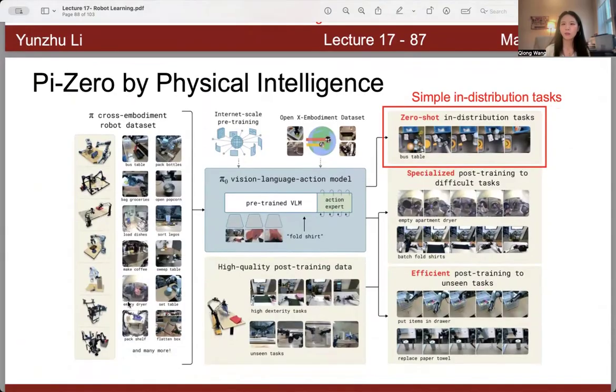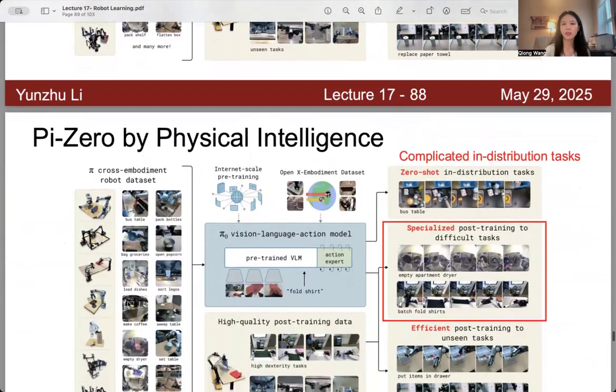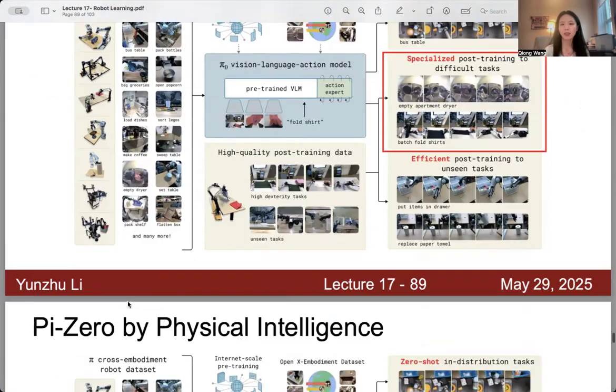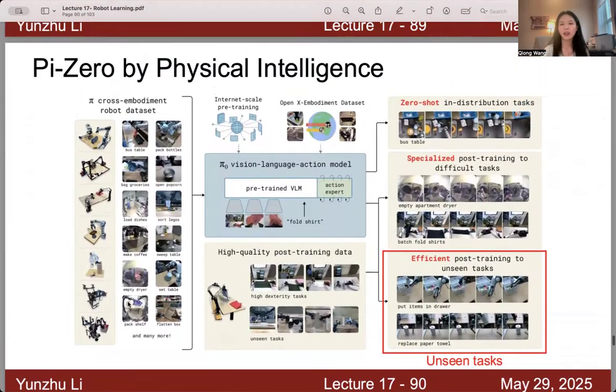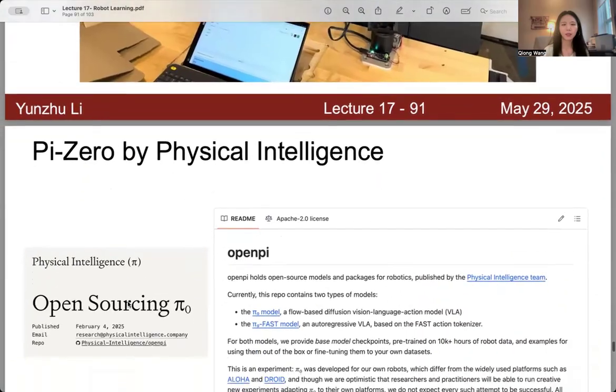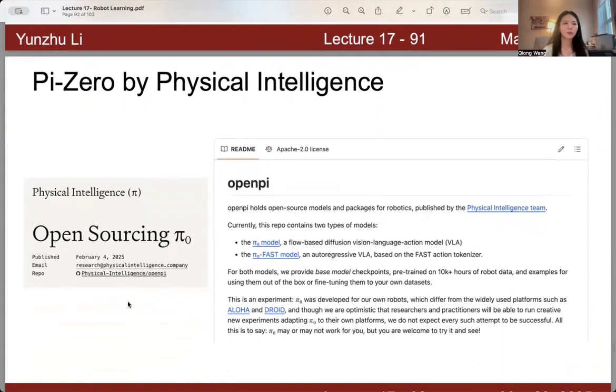Then we do simple in-distribution tasks, for example zero-shot, and complicated in-distribution tasks, for example specializing the post-training to different tasks and unseen tasks. And open-source Pi0 came out in February 2025.